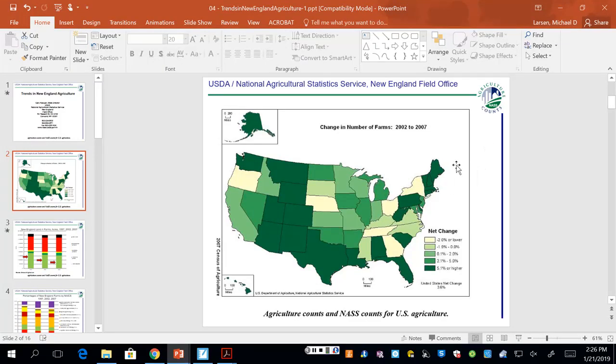Right, so here are the states, the change in the number of farms. Is this picture showing us primarily a quantitative variable or a categorical one? Yeah. I'd say a bit of both, because while it's putting it into color categories to make it easier to explain, there are still numbers that are describing each category.